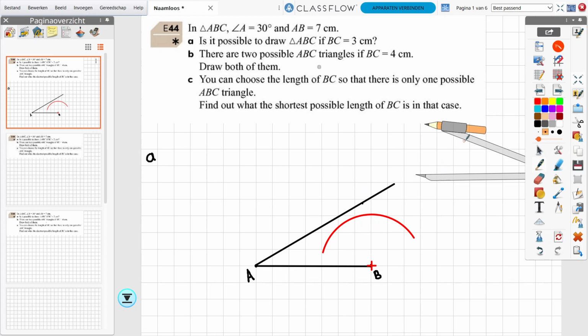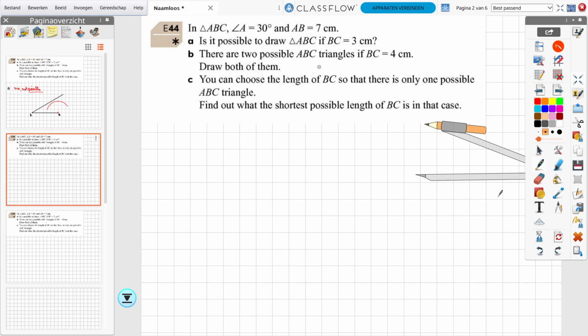There is no triangle where AB is 7 centimeters, angle A is 30 degrees, and BC is 3 centimeters. That's not possible. So is it possible? No, not possible. Okay.